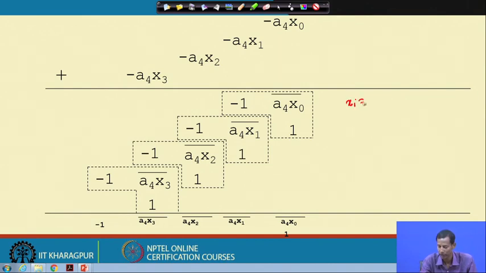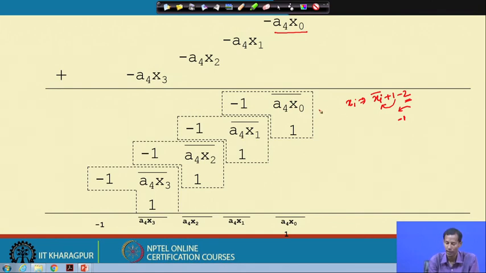If I consider this as xi, then xi equals xi bar plus 1 minus 2. Minus 2 means minus 1 to the next MSB, and 1 is at the same position, along with xi which is a4 x0, so it will be a4 x0 bar.